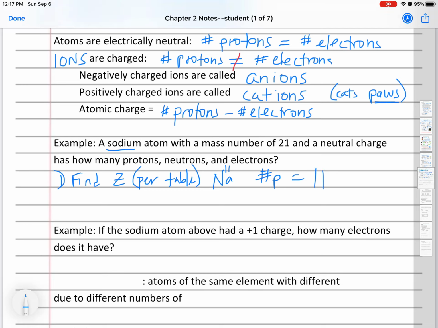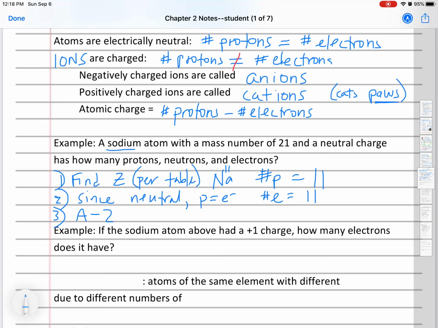Now, we know it's a neutral atom. Since it's neutral, the number of protons equals the number of electrons. So the number of electrons here must also be 11. All right, and now to figure out the neutrons, we need to use the mass number.